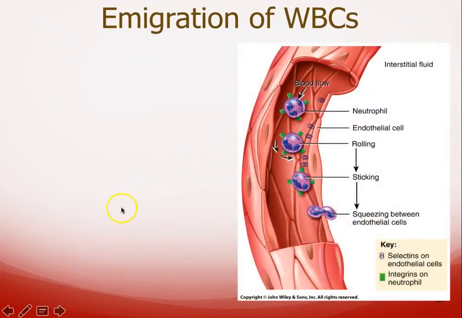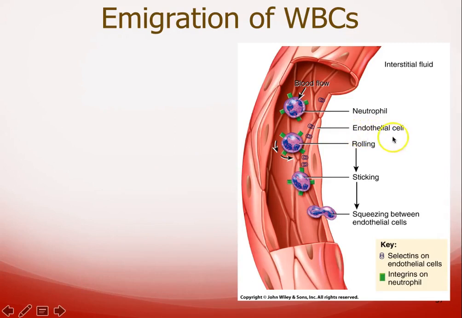So here what we're seeing is something called the process of emigration. Remember, these white blood cells, as you saw in that image at the beginning of the last lecture, are just kind of hanging out. Well, they're not hanging out. They're rolling along the walls of the blood vessel, right? They're not in the middle of the lumen. So basically, they're rolling along the cells of the blood vessels, which are called endothelial cells.